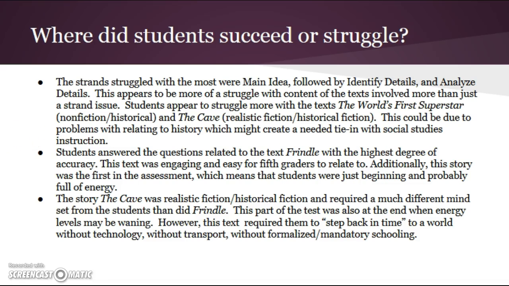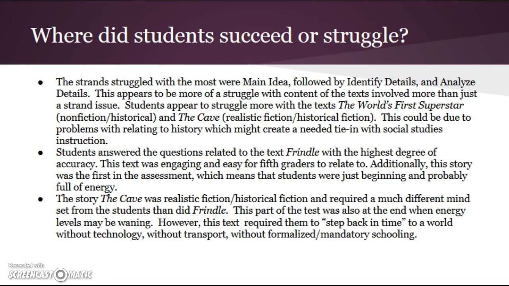The next thing we did was look to see where students were succeeding or struggling, and we found that in this assessment there wasn't a ton of consistency between the 2 classes, but we did recognize that they struggled the most with main idea, identifying details, and analyzing details, and this information really helped when we were looking to identify our learner-centered problem.